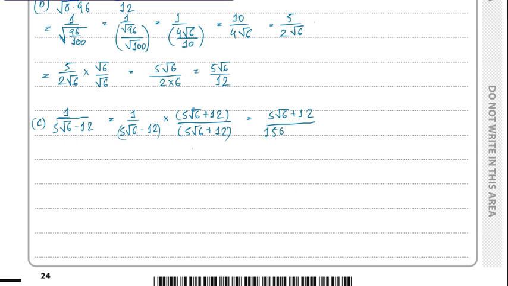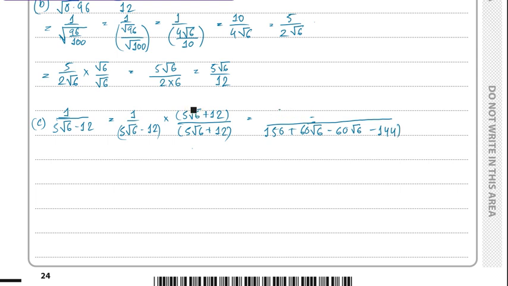And 5 root 6 multiplied by plus 12 is plus 60 root 6, and minus 12 multiplied by 5 root 6 is minus 60 root 6, and minus 12 multiplied by plus 12 is actually minus 144.